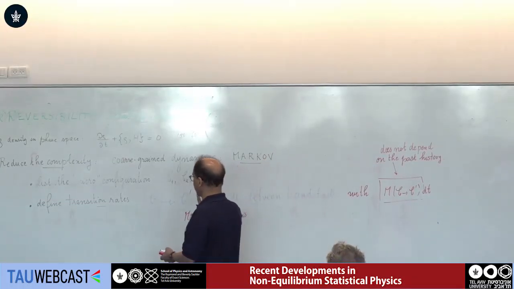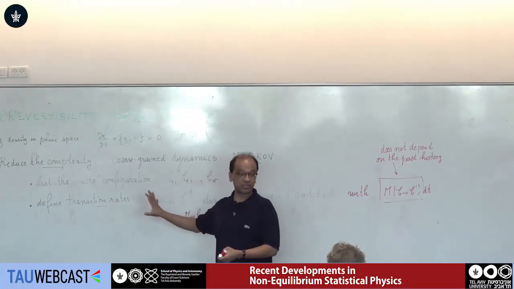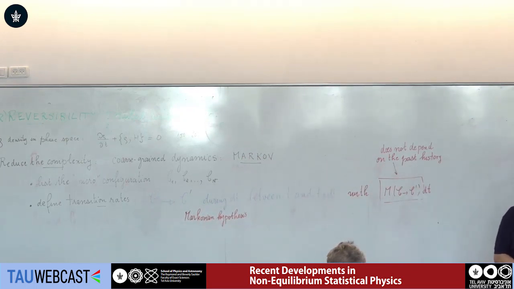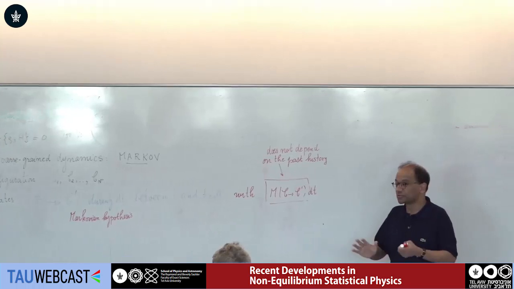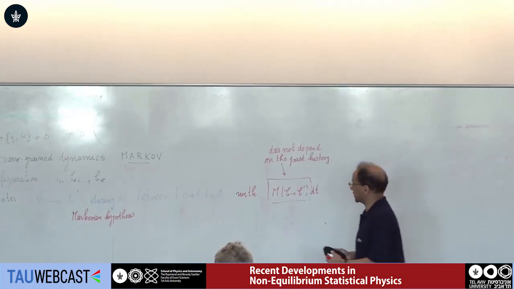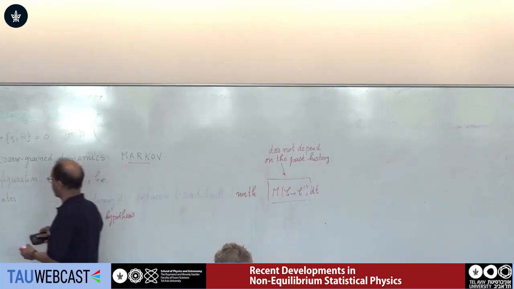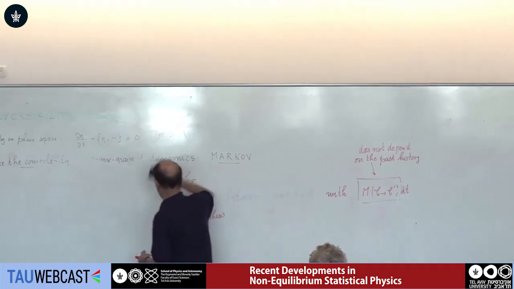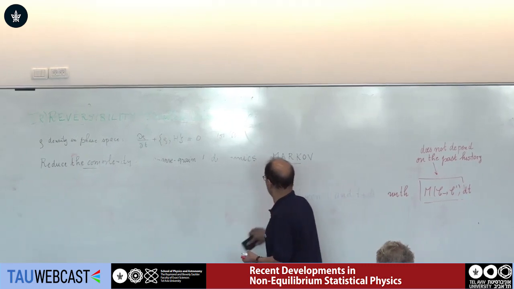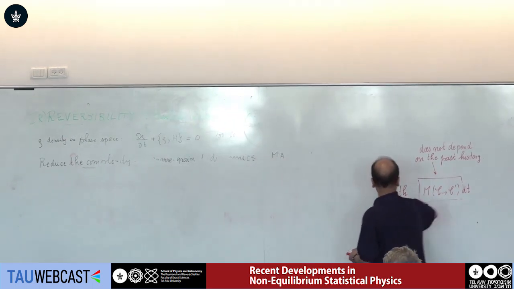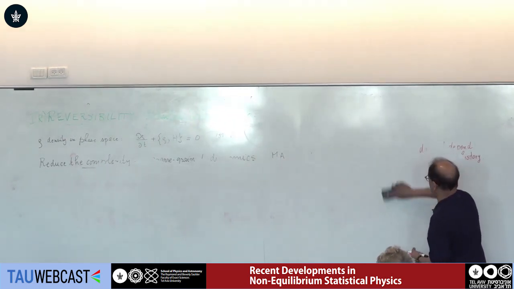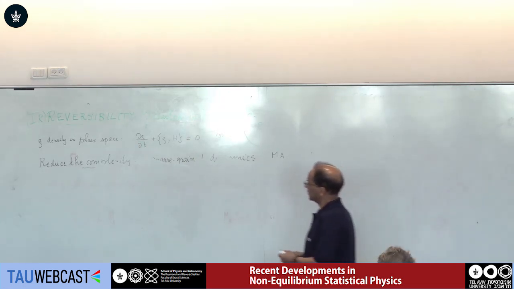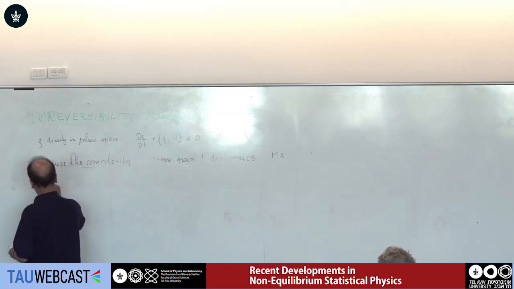I'm going to write the Markov equation. I was thinking to prove it, but maybe it's a bit long, so I'll just refer to books, because I think this is standard material, and probably most of you already learned about it. Once you have a Markov process, you can define the probability of being in a configuration at a given time t. And just by writing a balance equation, you can write an equation for the time dynamics.